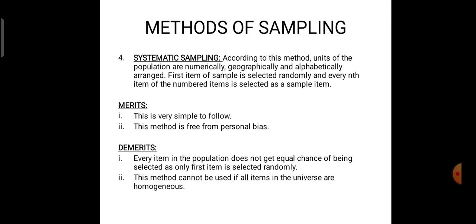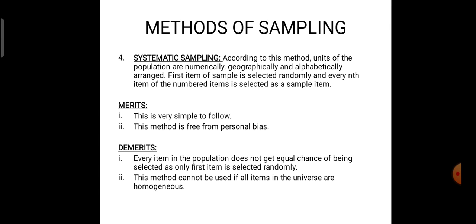Now coming to the demerits, first is every item in the population does not get equal chance of being selected, as only the first item is selected randomly. We know that all the items here are not getting the equal chance of being selected in the sample, and we are selecting only the first sample on a random basis, and all the other samples are selected at regular intervals.